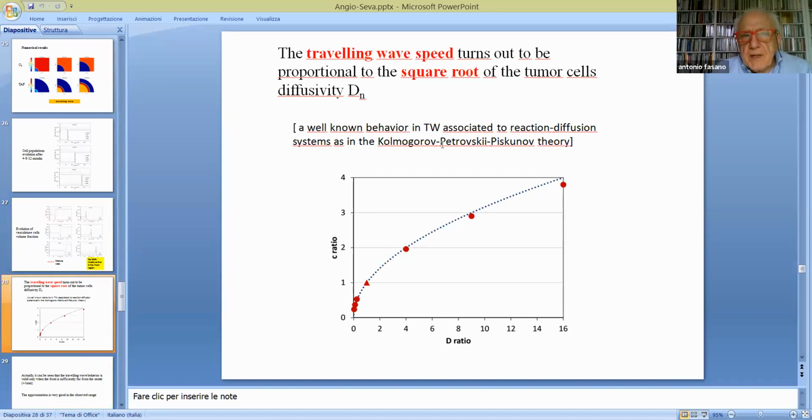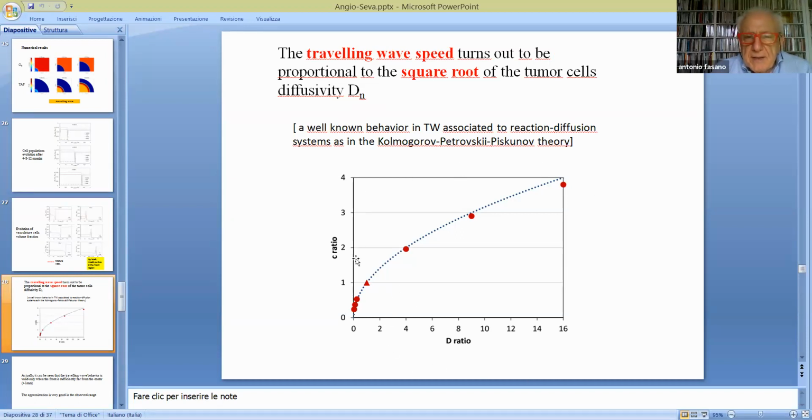Now, it is well known that in the classical theory of Kolmogorov, Petrovsky, Piskunov, associated with the traveling wave in reaction diffusion systems, the traveling wave speed is proportional to the square root of the diffusivity. And we found this very precisely in our model.